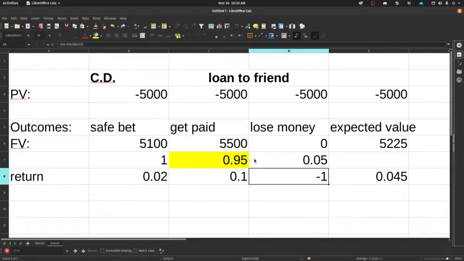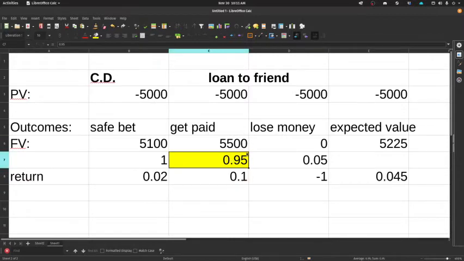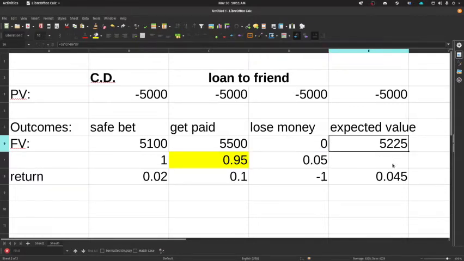For that to be a sensible thing, we need to think about what the probabilities are that we're in either column. So let's just say we had a 95% chance that your friend pays you back and a 5% chance that they lose money. Your expected future value in that case is $5,225, and that gives you a return of 4.5%.